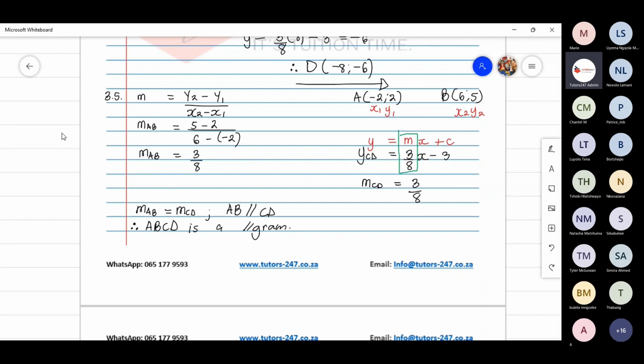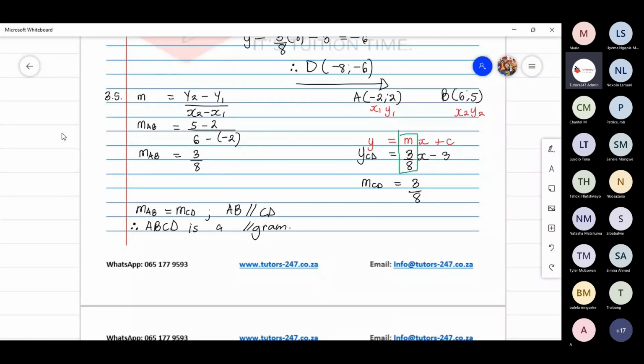When we are proving that a quadrilateral is a parallelogram, we have two approaches. The first approach is to prove that opposite sides are parallel, meaning that AB is parallel to CD and AD is parallel to BC. Because the question already stated that AD is parallel to BC, we did not need to restate it.